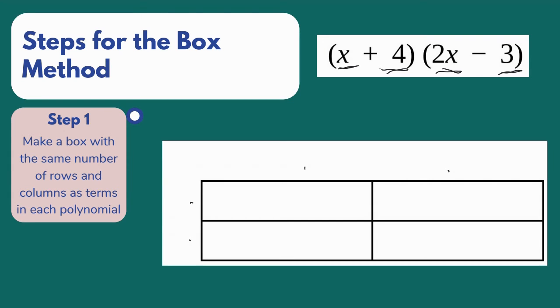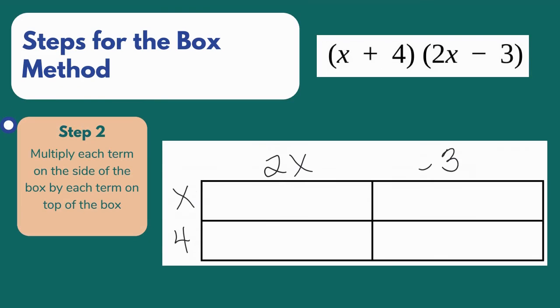So let's go ahead and do that before we start. We have x and 4, and we have 2x and -3. So we made a box that has the same number of columns and rows as the terms in our problem. All right, now we're ready to start the multiplication part of this problem.